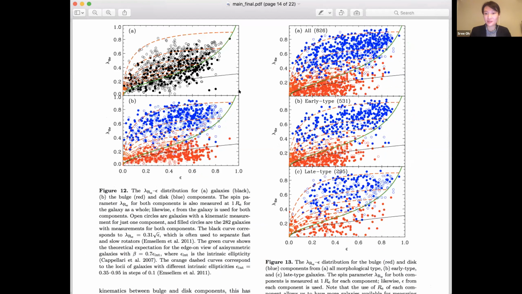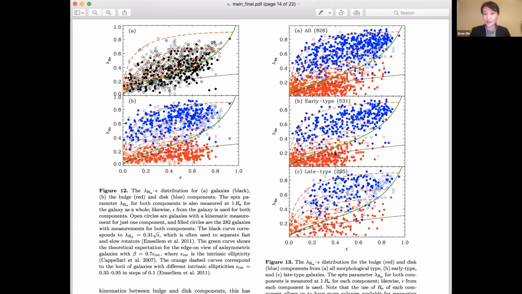I briefly introduced that early type galaxies and the late type galaxies show slightly different kinematic behavior for the bulge components. So in the right figure, this is the lambda R ellipticity plane. This is a well-known figure to differentiate the slow rotators and the fast rotators.